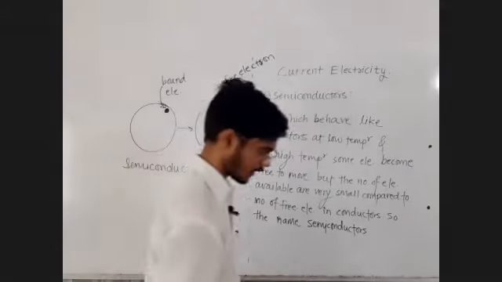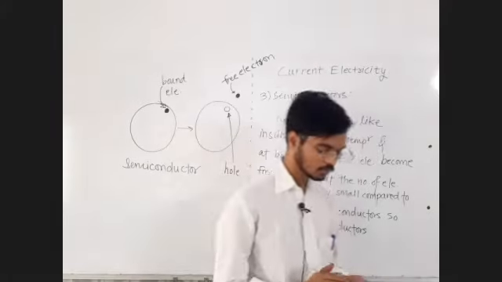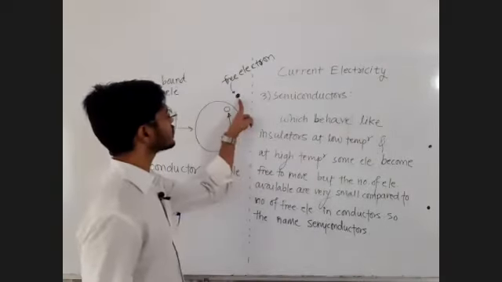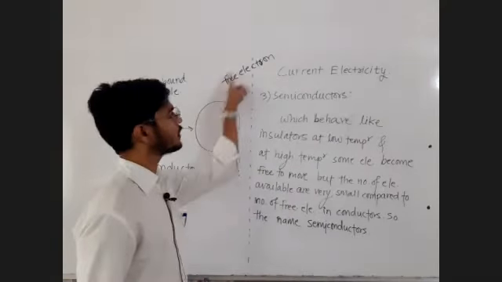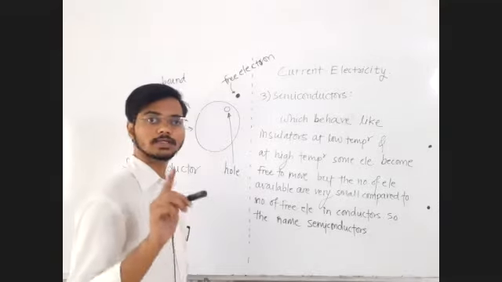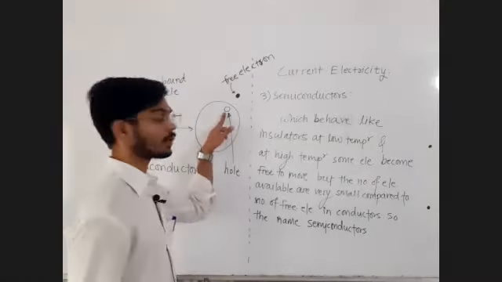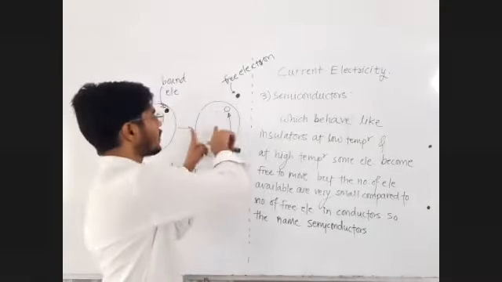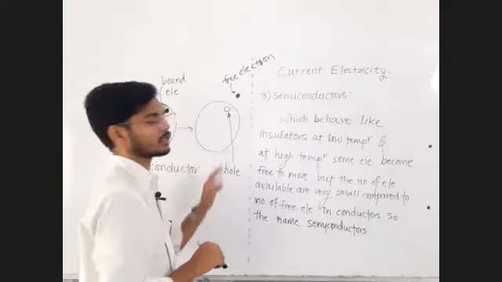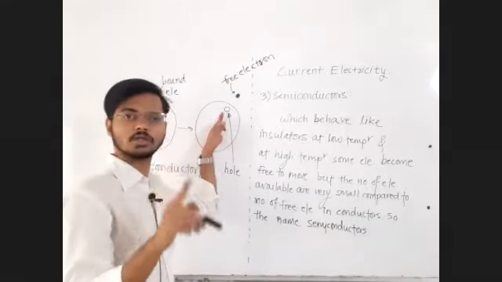And let me tell you one fact that you have to remember for the time being: these free electrons can very easily move anywhere in the body of the material. Similar to that, these holes can also move from one parent atom to another parent atom to another. So these holes also have mobility.